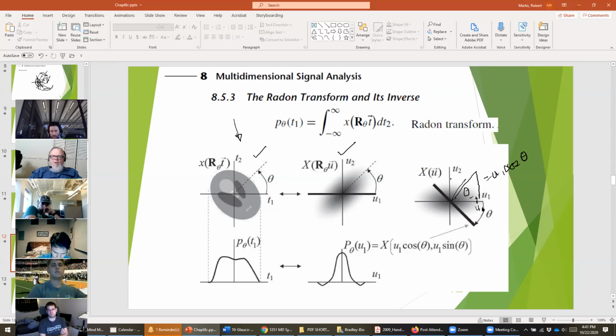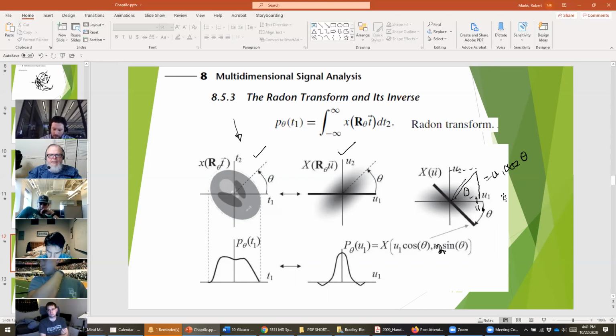We see something similar happening for the U2 axis. It should be U sub 2 times the sine of theta. So we're going into polar coordinates. This is the picture that we keep in mind as we're wading through the mathematics.